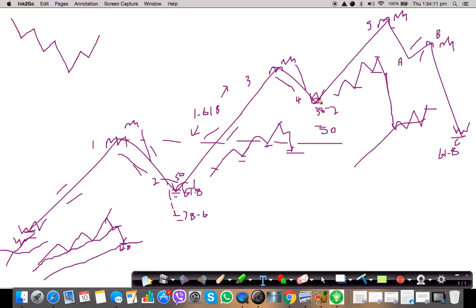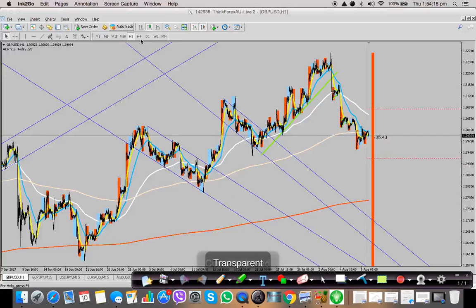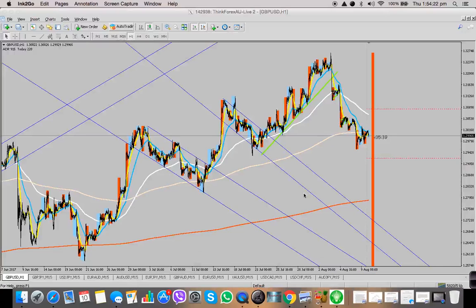Okay, let's go have a look to see what this looks like in a real-time chart. I'm on the 1 hour chart for pound USD right now. See this red line here? When the markets start getting very rough, I start adding more EMAs.